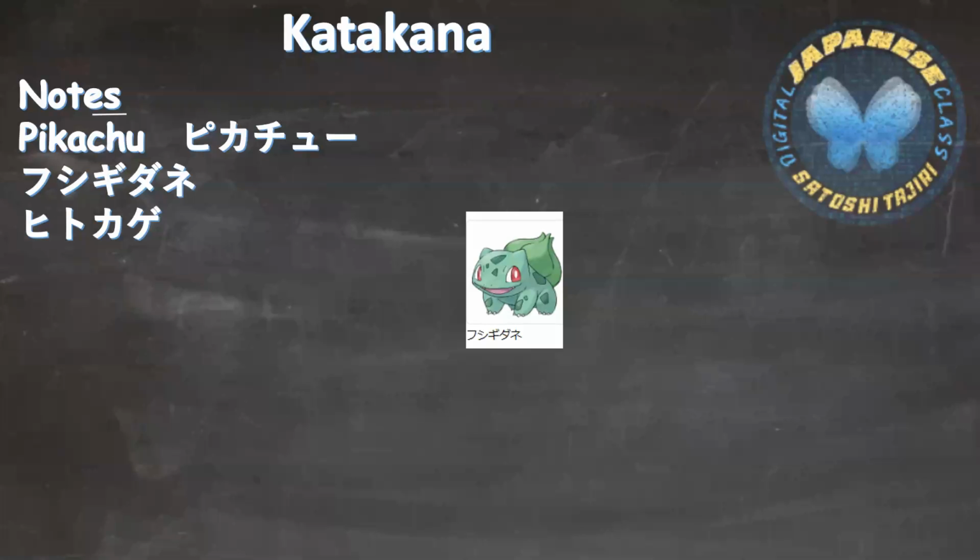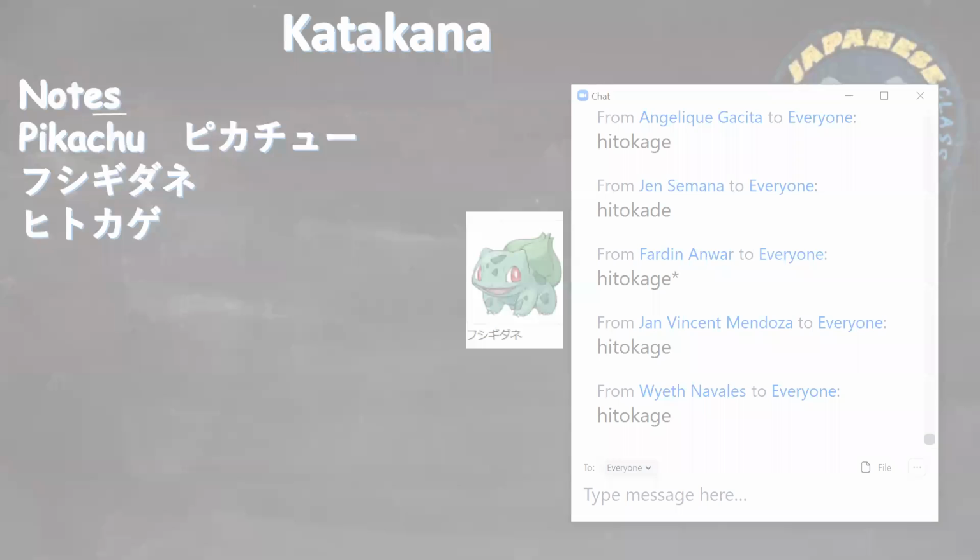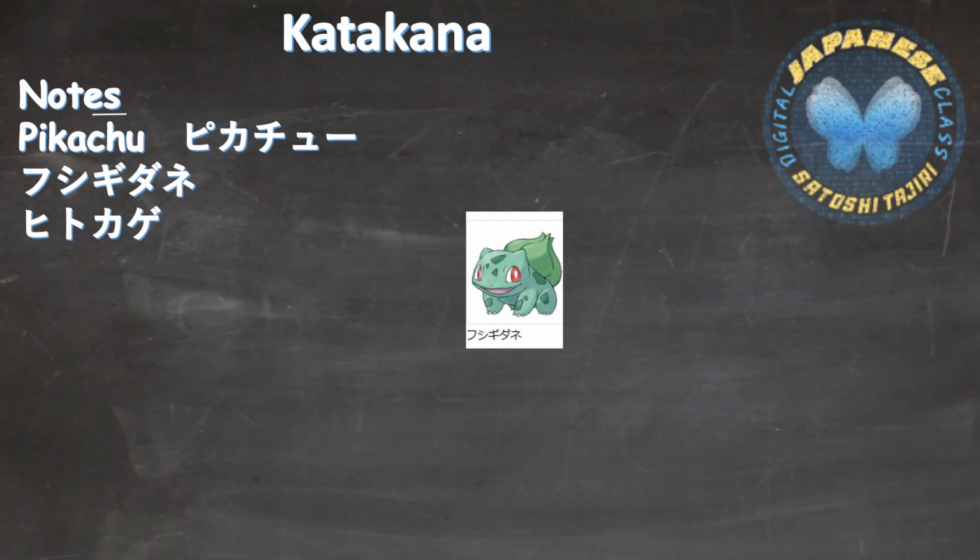It comes from the word hi, which means fire. Then tokage, which means lizard. So once we combine it, it produces the Charmander. So in Japanese, we call it Hitokage.